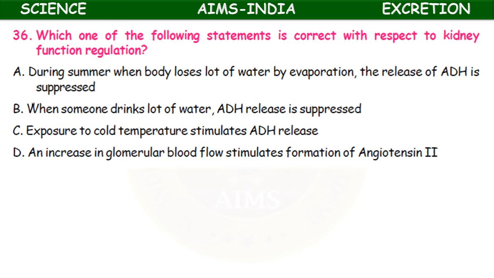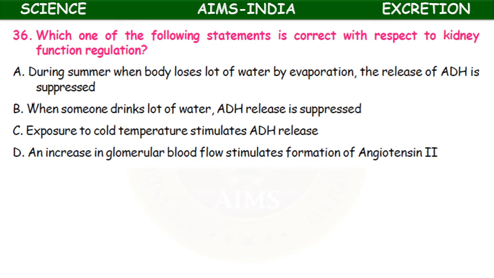When someone drinks a lot of water, ADH release is suppressed. Exposure to cold temperature stimulates ADH release. An increase in glomerular blood flow stimulates formation of Angiotensin II.